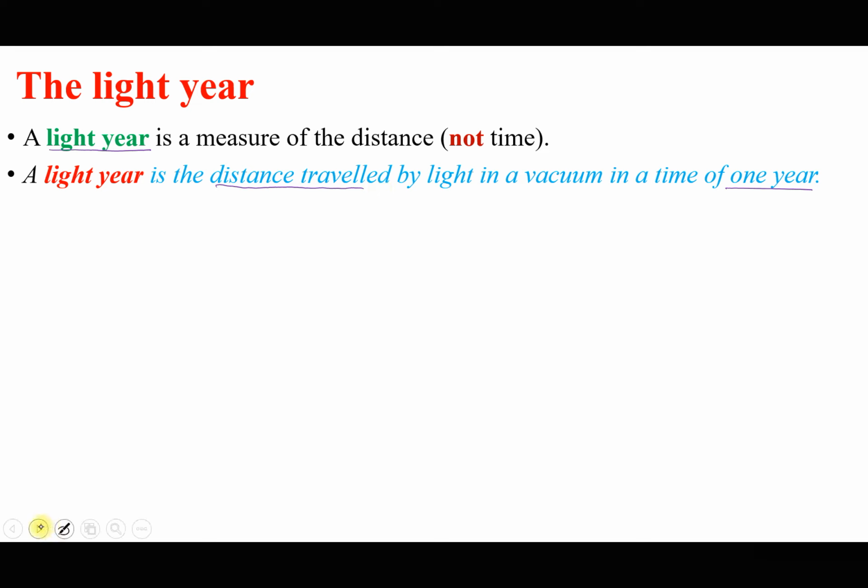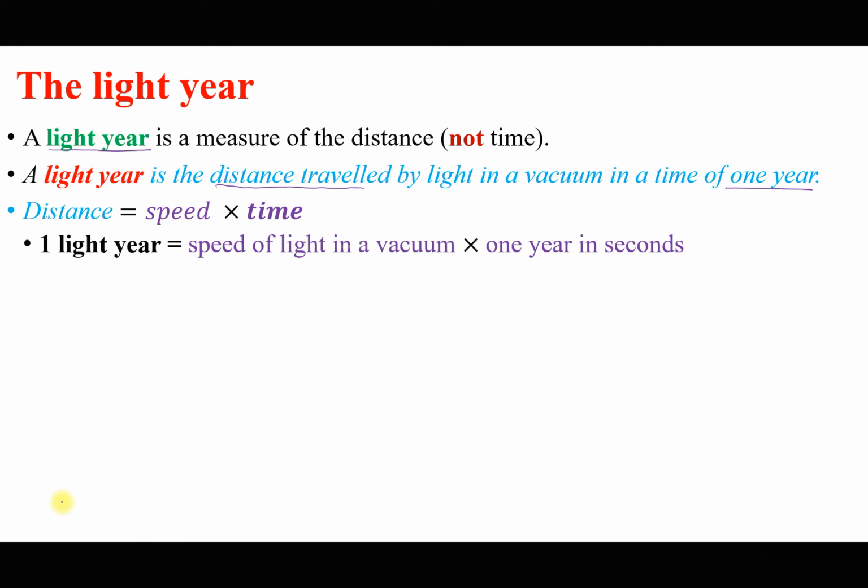Remember from your previous topics, especially motion, forces, and energy, distance was obtained from speed times time. Because we have said the light year is equal to the distance traveled by light in 1 year, and distance is speed times time, which is 1 year. So 1 light year is equal to the speed of light in a vacuum times 1 year in seconds. That is 1 light year.